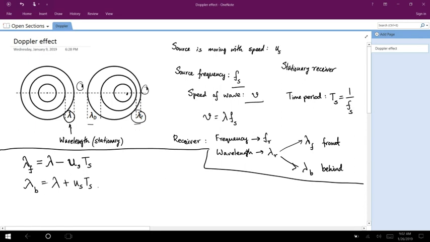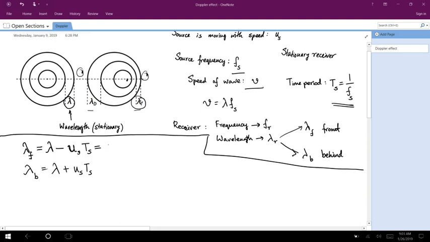Either of these formulae we can now simplify a little because we know that Ts is equal to 1 over Fs. So we plug that in and we get lambda minus Us over Fs, and in the second case, lambda plus Us over Fs. We can now go back to our other formula, v equals lambda times Fs, which tells us that Fs equals v divided by lambda, where v is the speed of sound and lambda is the original wavelength.